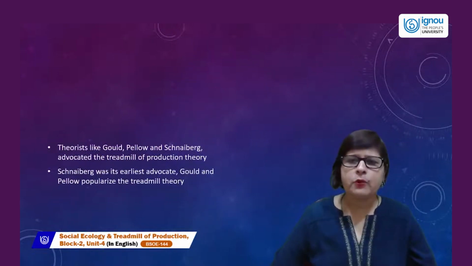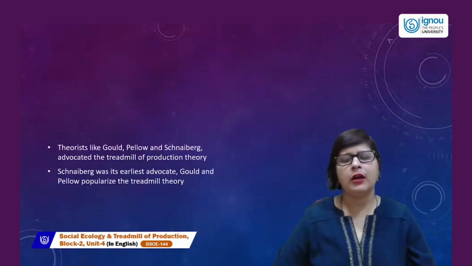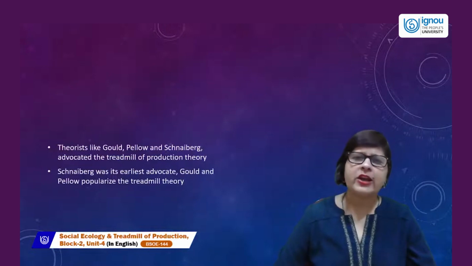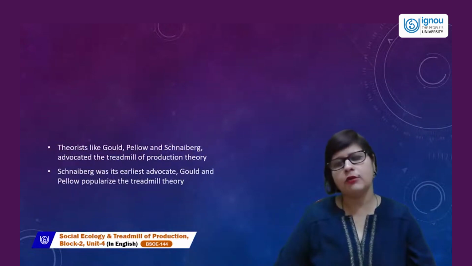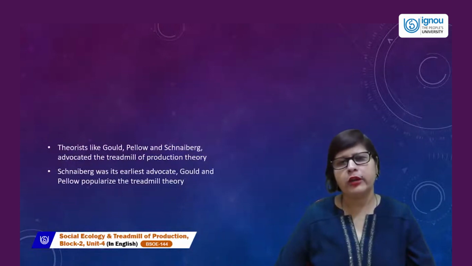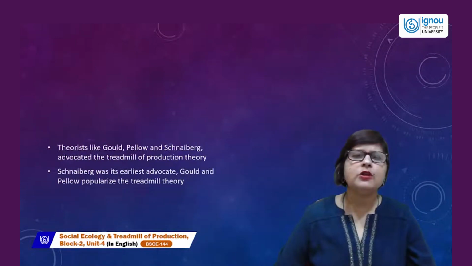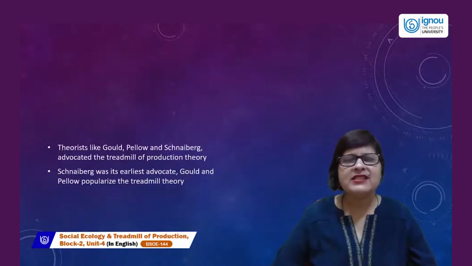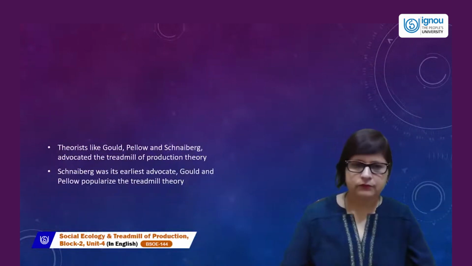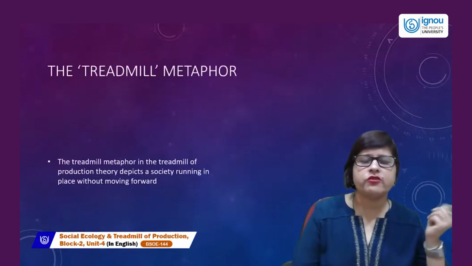Schnaiberg was the first one who advocated for the theory, and Gould and Pellow popularized it. And this theory criticizes the capitalistic mode of production in the industrial society.